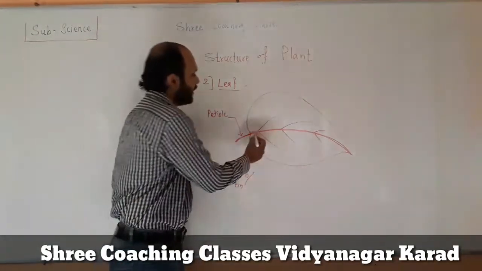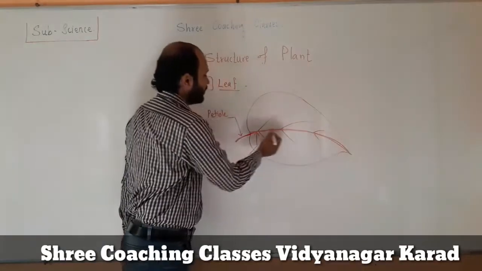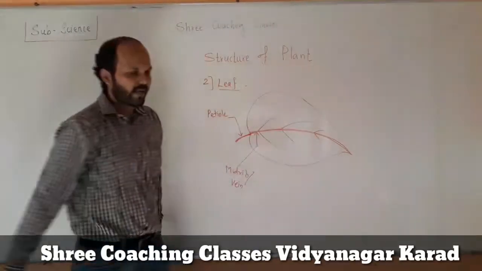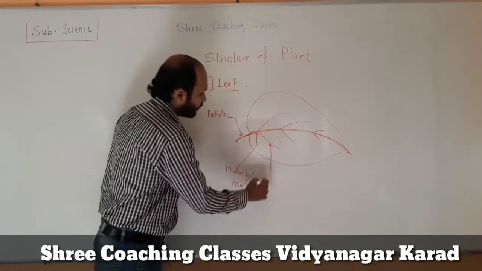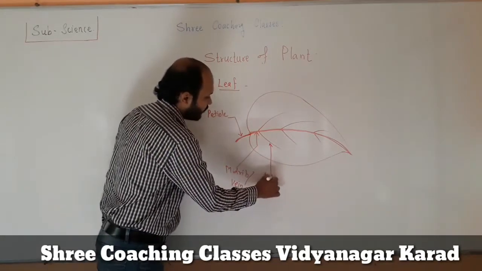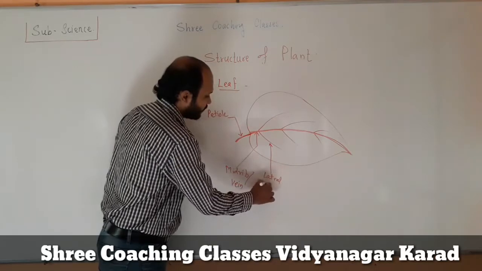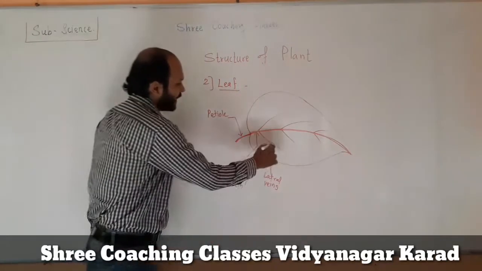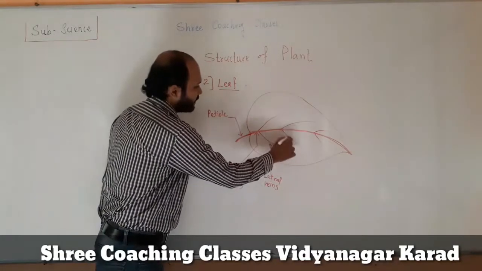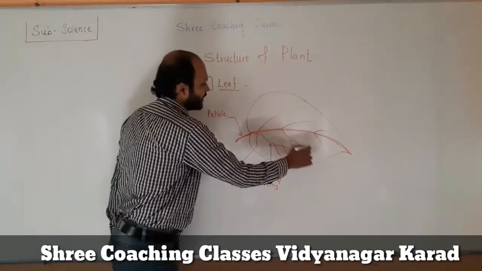This is the middle portion, known as the mid vein. These are known as the lateral veins. These types of veins are known as the lateral veins. These are also lateral veins.